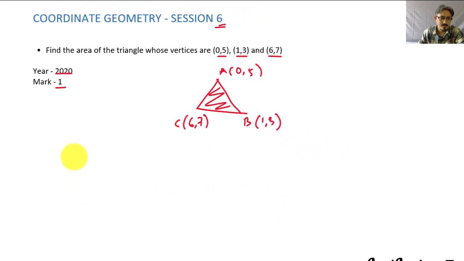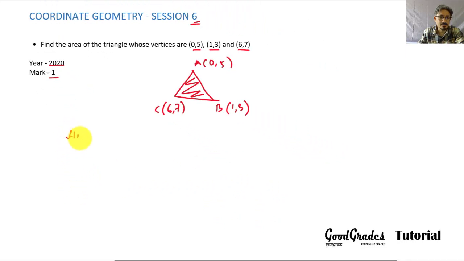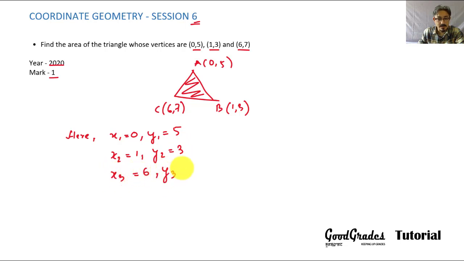So x1 is equal to 0 and y1 is equal to 5, x2 is equal to 1, and y2 is equal to 3, x3 is equal to 6, and y3 is equal to 7.